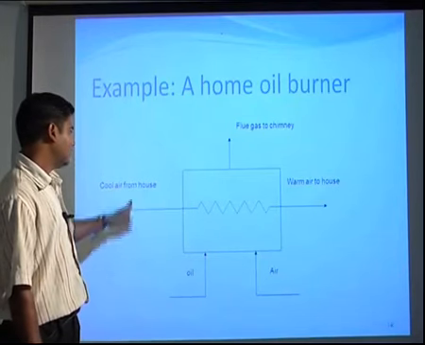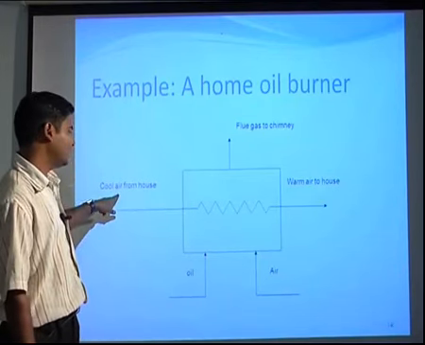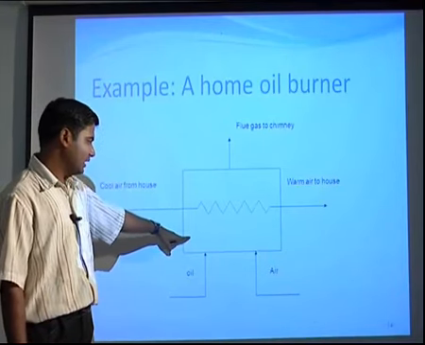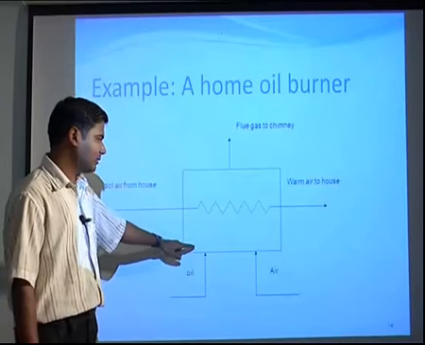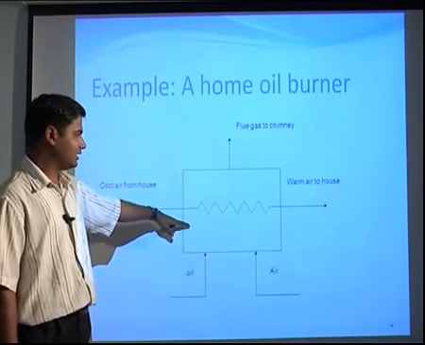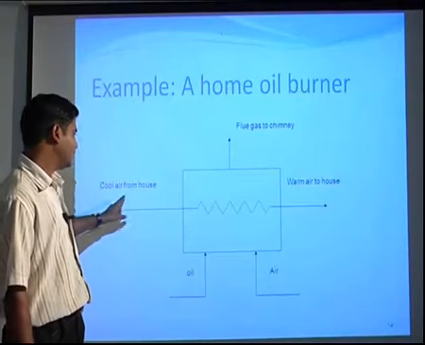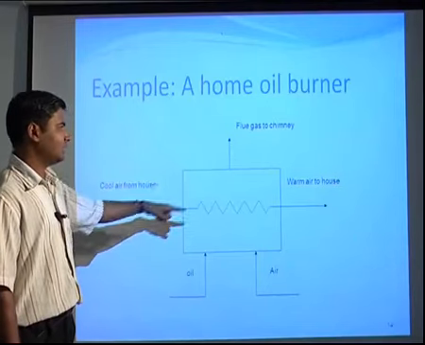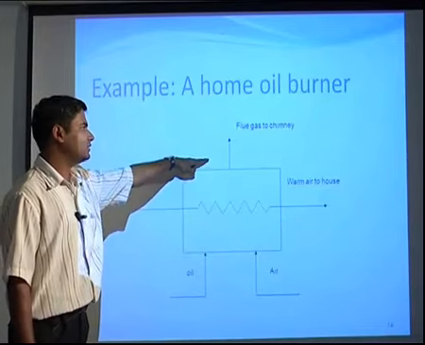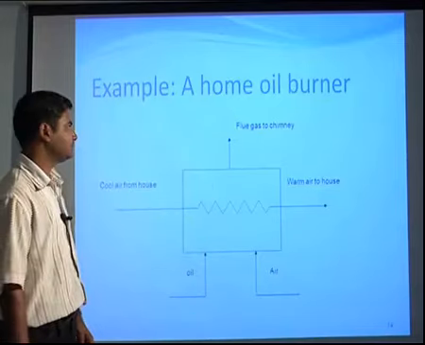So we have to heat the cool air. And how to heat the cool air? This is the burner where the oil and the air will be burned. That will release energy in terms of heat energy, and that heat energy will heat the cool air and give you warm air. Whereas the flue gases are sent to the chimney or outside.